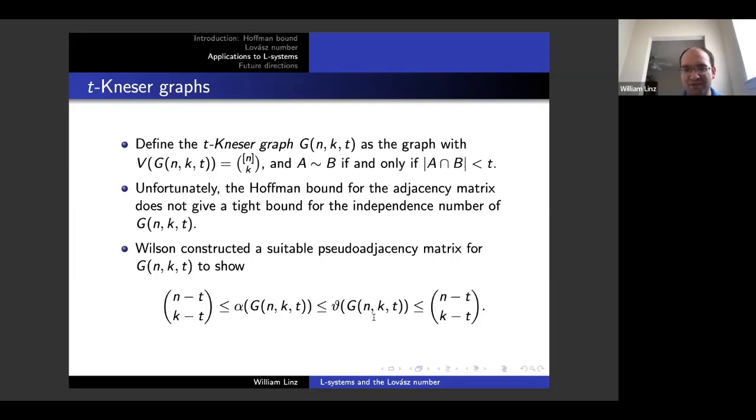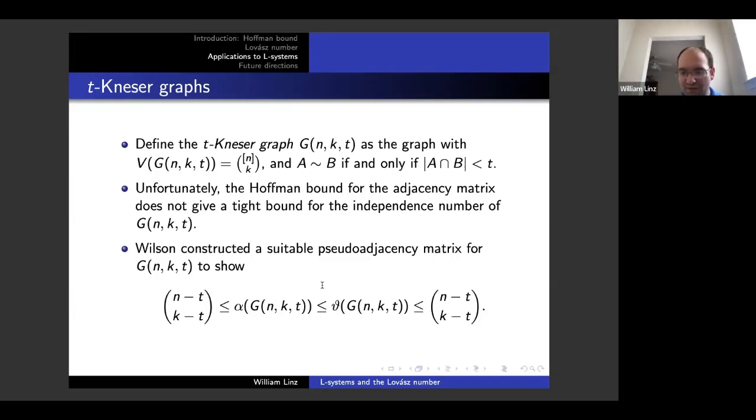It's not usually phrased in terms of the Lovász number, but Wilson himself even noted in his original paper that he was equivalently computing the Lovász number of this associated graph. And of course the Shannon capacity is also computed because it's sandwiched in between all these inequalities.